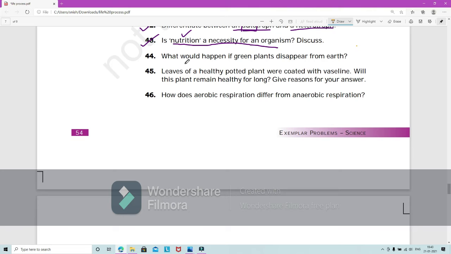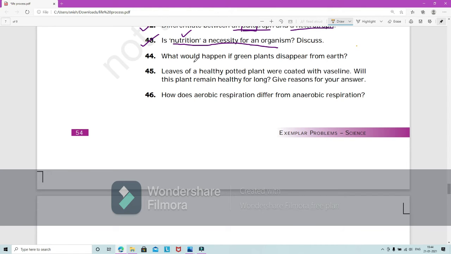What would happen if green plants disappear from Earth? It is a concept, you have to think about it, right? Firstly, it's going to affect the heterotrophs, because the producers are themselves absent. Then there is no food supply to the heterotrophs, and you can include points from our environment chapter as well.